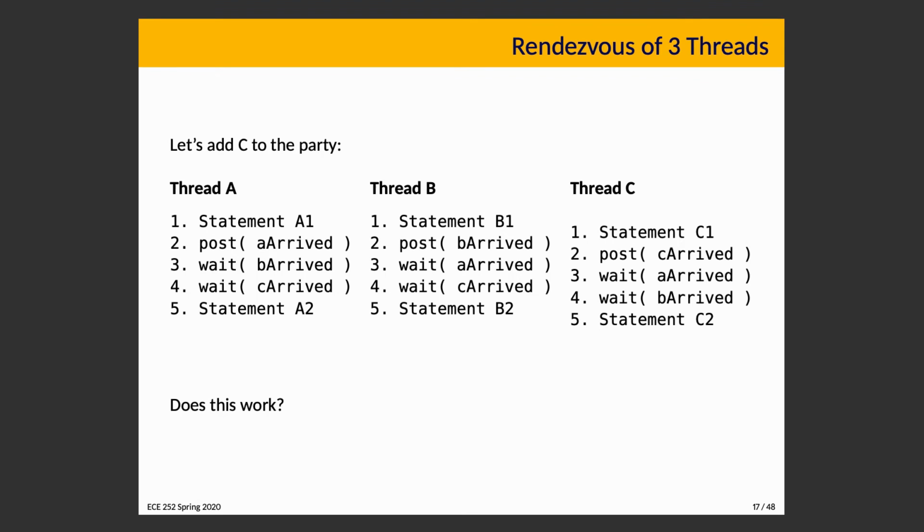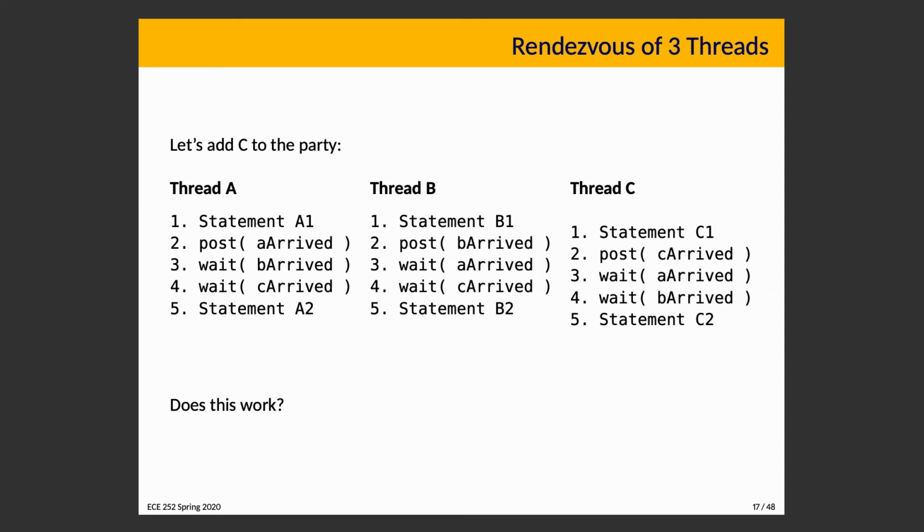So when we have statement A1, for example, it calls post A arrived, and then wait on B arrived, and thread A gets blocked. Thread B will execute statement B1, post on B arrived, wait for A arrived. If the semaphores are initialized correctly to 0, then thread B will proceed and it will get blocked here, waiting for C arrived.